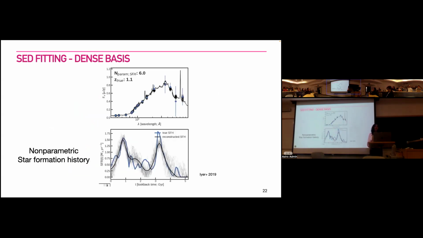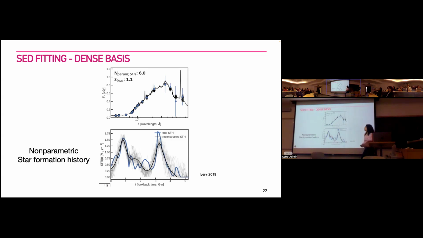So what I'm implying is I'm using Dense Basis. That is one of a few codes that is applying a non-parametric star formation history. As you can see, down at the bottom, it is showing a star formation history, which is clearly not a parametric function.